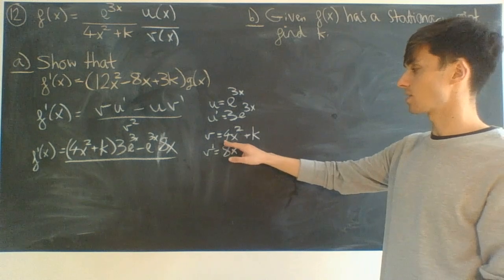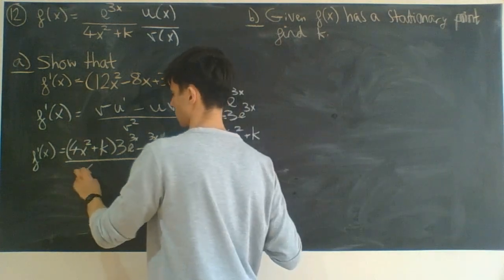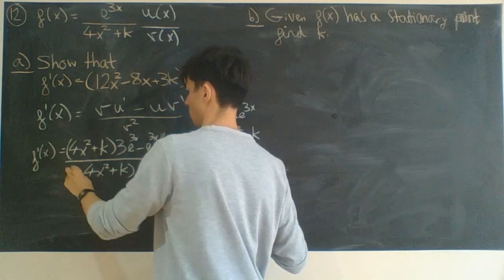And our v squared is going to be this thing squared, so 4x squared plus k squared.